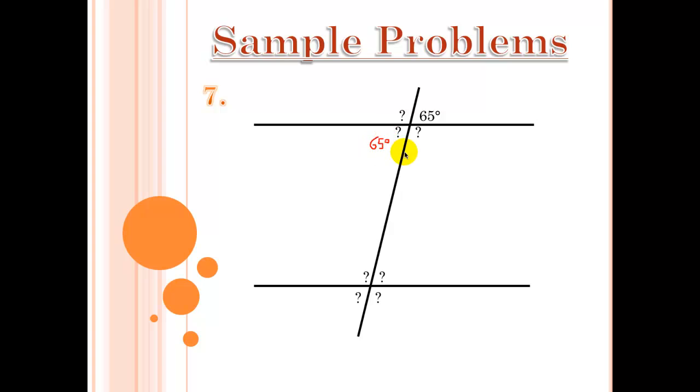Now when you use the supplementary angle theory, 180 minus 65 equals 115. And when you use the opposite angle theory again, this angle is equal to this angle, so this angle would be 115 degrees.